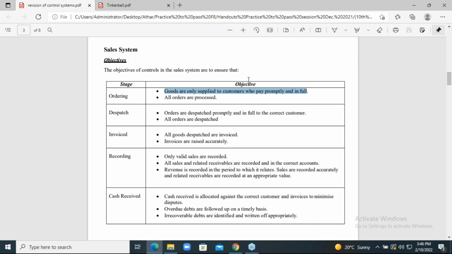So it's a two-way factor. It's a dual story for the external auditor, and it is a win-win situation for the auditor if he is able to identify the control system weaknesses.